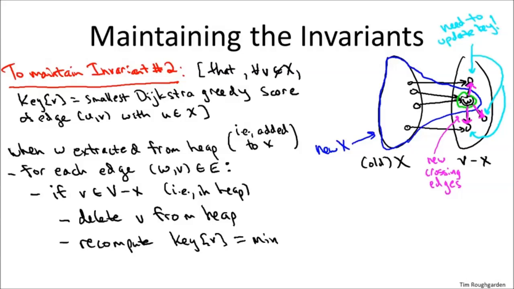So either WV is the local winner, that is, it has the smallest Dijkstra greedy score of them all that terminated at this vertex, or it doesn't, in which case the previous winner is still the winner. So that is, the new key value can only be one of two things. Either it's the old key value, that's the case where this extra entrant, the edge from W to V, is irrelevant, or if it's changed, it has to have changed to the greedy Dijkstra score of this edge WV.